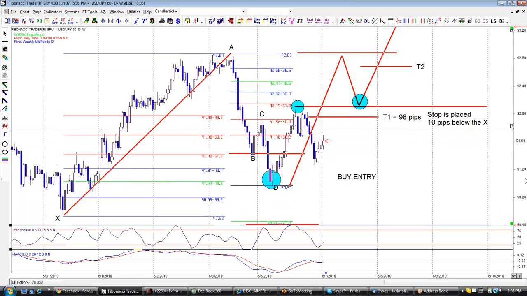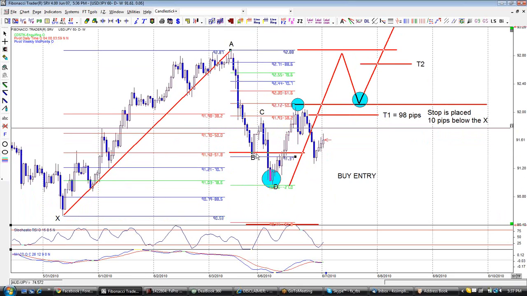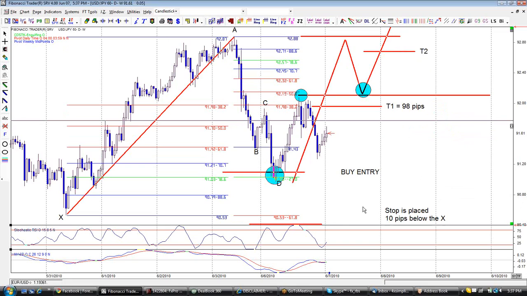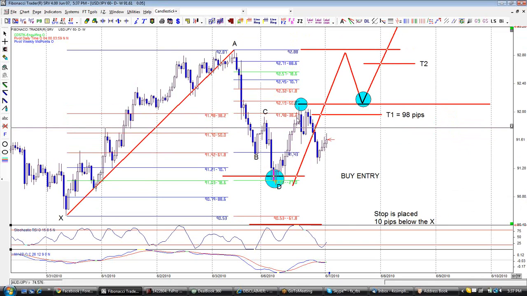So again, we enter at the convergence and we add a few pips for the spread, so the entry is just above this convergence level. We place the stop initially below the X, and when price starts moving, once it hits target 1, we move the stop from the original price to the break-even level.